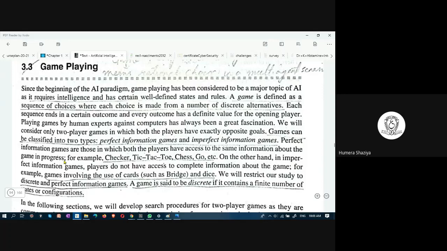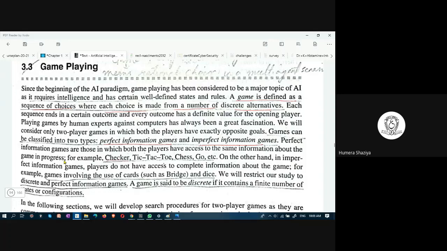What is a game? Well, a game is defined as a sequence of choices where each choice is made from a number of discrete alternatives. There are two types of games: perfect information games and imperfect information games. Perfect information games are those in which both the players have access to the same information.